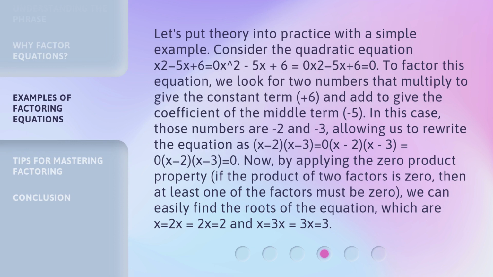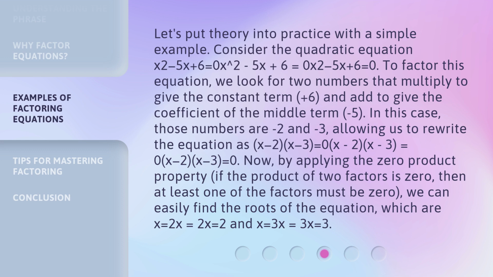Let's put theory into practice with a simple example. Consider the quadratic equation x squared minus 5x plus 6 equals 0. To factor this equation, we look for two numbers that multiply to give the constant term, plus 6, and add to give the coefficient of the middle term, minus 5.